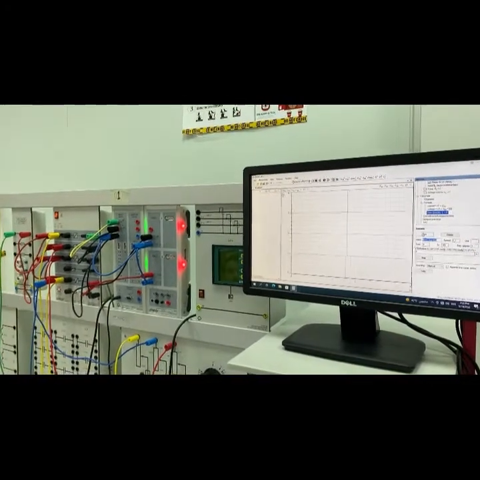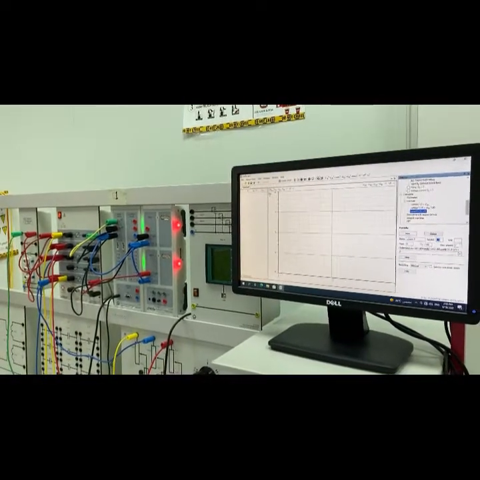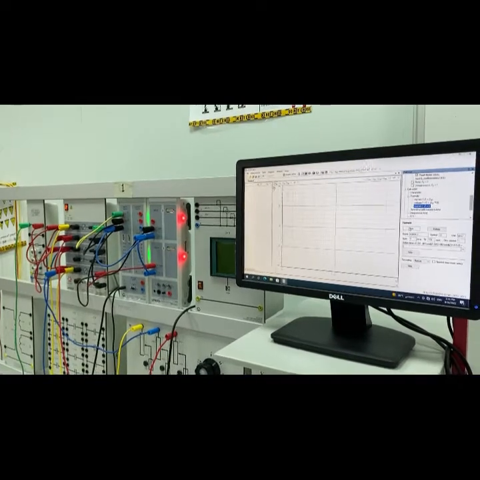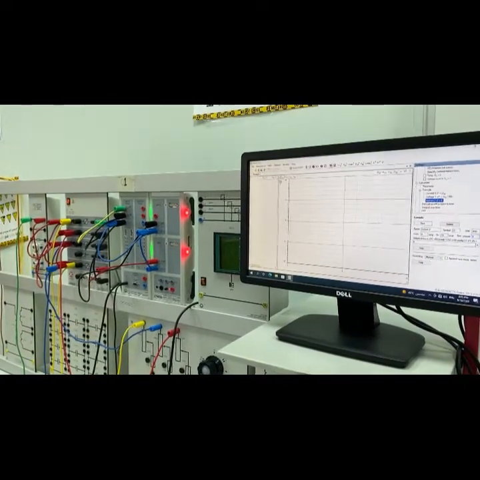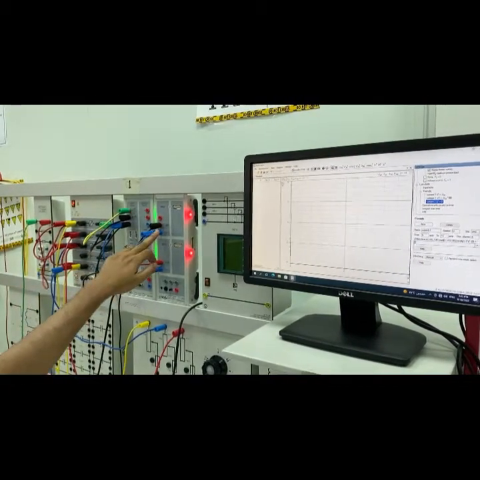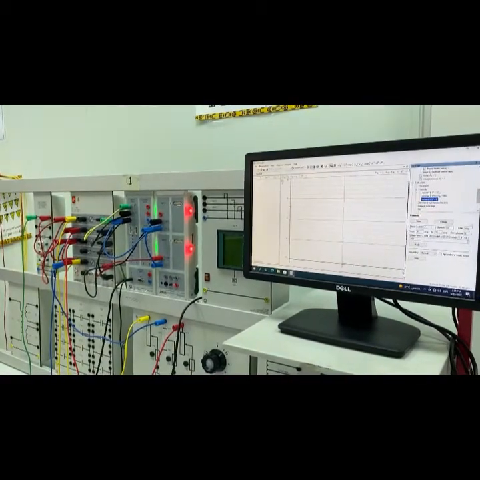This is very simple. Even you can do it by yourself if you understand. Current 2, the symbol is I2, unit is ampere, from 0 to 10, decimal places 4. The formula, this one's code is UA2, so write UA2, that's it.